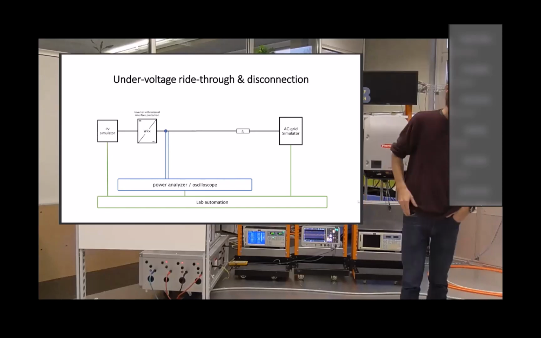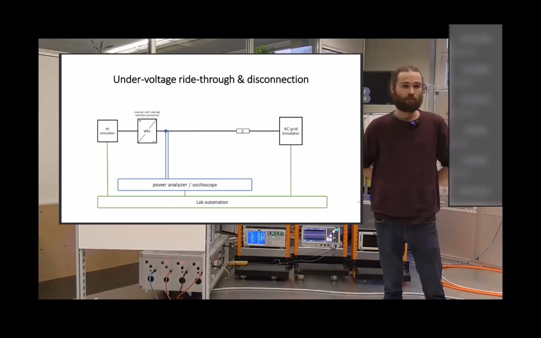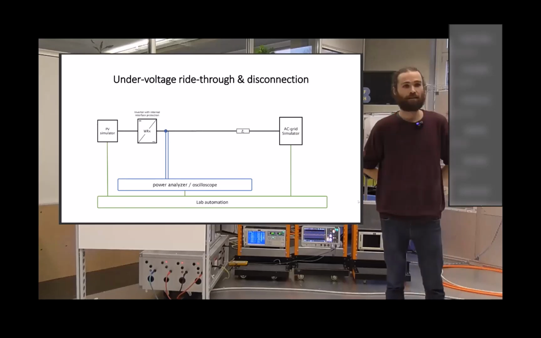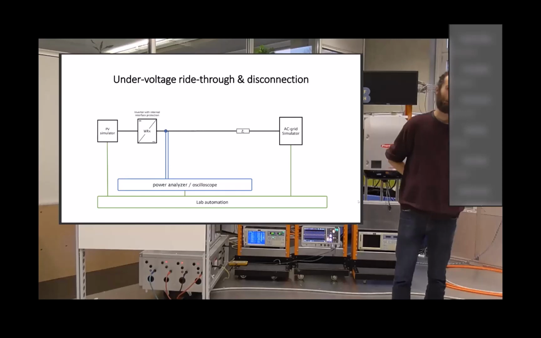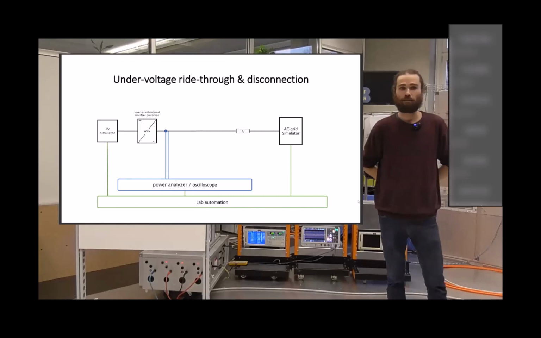You can see on the left side the DC source, which gives the power to the inverter under test, then the inverter itself. In blue, you can see our measurement equipment, and then on the right side, our AC grid simulator.